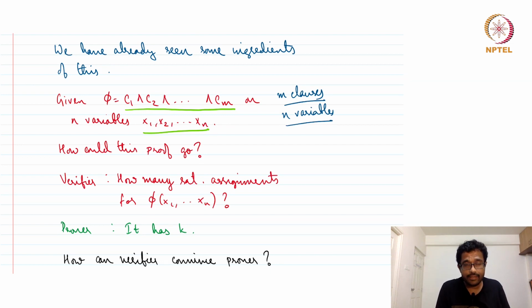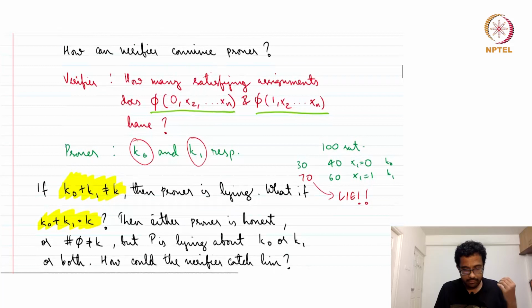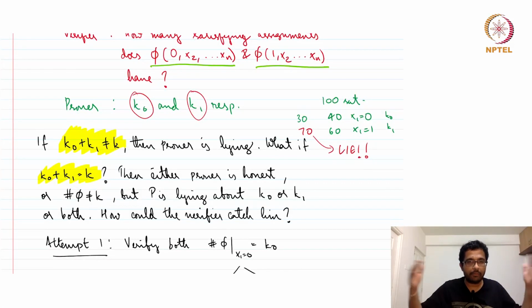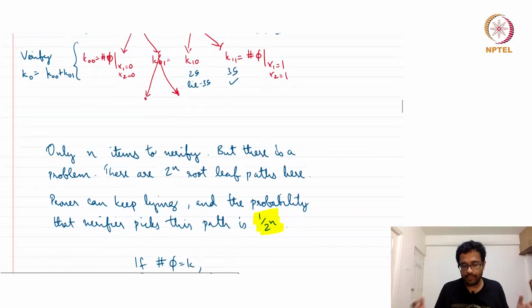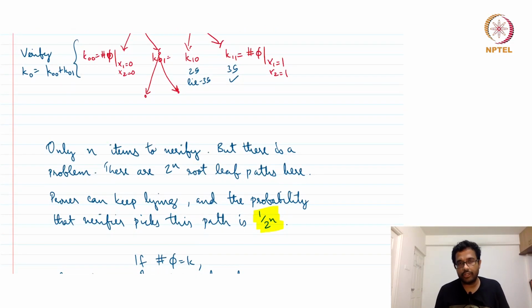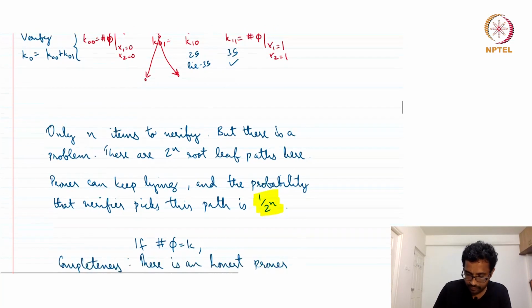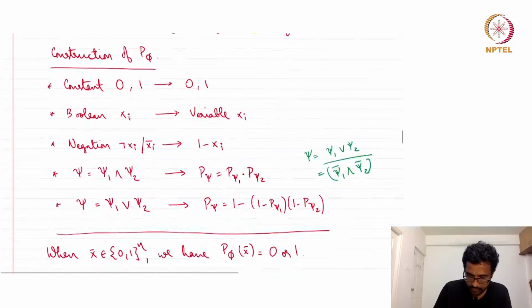And if it is not the case, if the formula does not have k satisfying assignments, if the number is different, then even an all powerful prover cannot convince the verifier, right? Because the probability by which he can convince is going to be small, right?